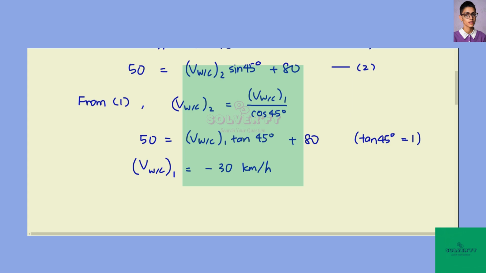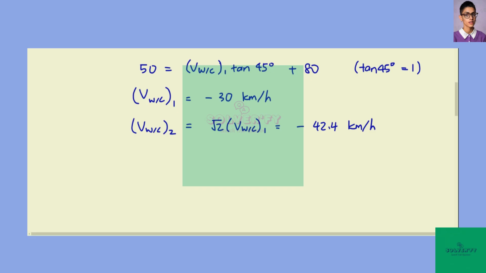And then VW/C2 will just be square root 2 of VW/C1. This gives us negative 42.4 kilometers per hour.